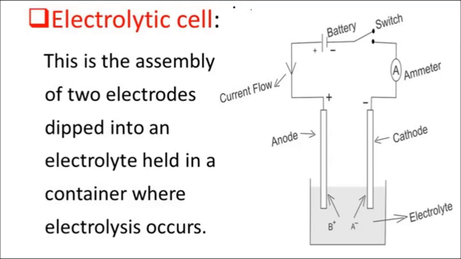You can use it as an electrolyte. Then we have all this. We have the battery. We have the switch. Then we can have an ammeter here. We also have the flow of electrons.